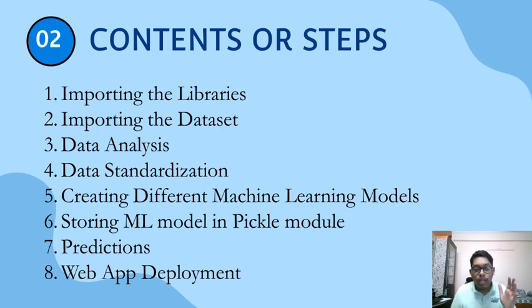Fifth, we create different machine learning models using ML techniques like random forest, decision tree, grid search CV, AdaBoost classifier, and many other algorithms. Next, we store the ML models using the pickle module. Next, we predict the final values of this project. And lastly, we deploy the final web app predicted model.